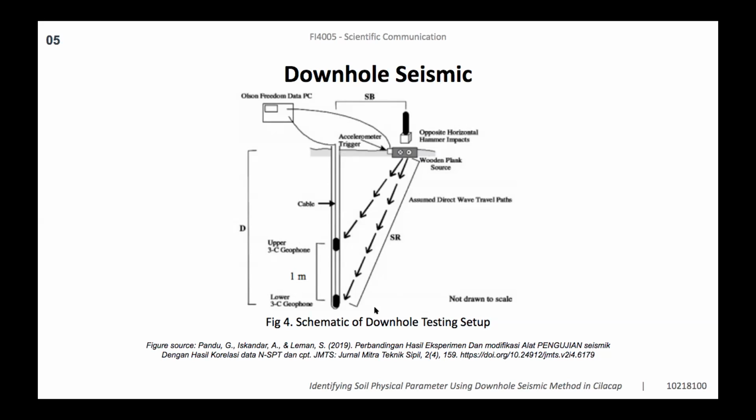As you can see in the schematic in this figure 4, here is the upper 3 component geophone, and this is the lower 3 component geophone. They are placed a meter apart from each other, and the receiver is in the form of this geophone.